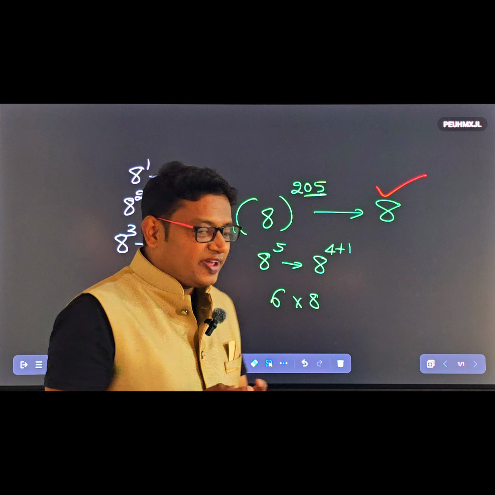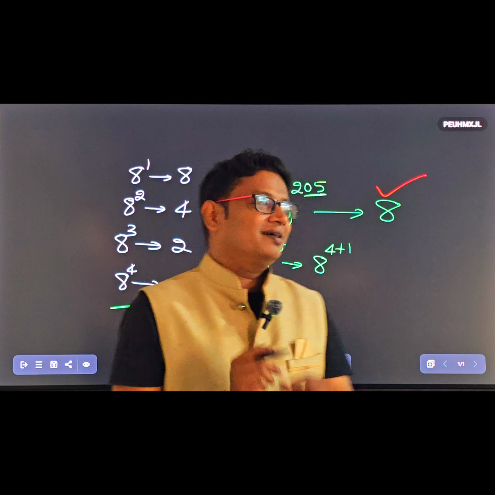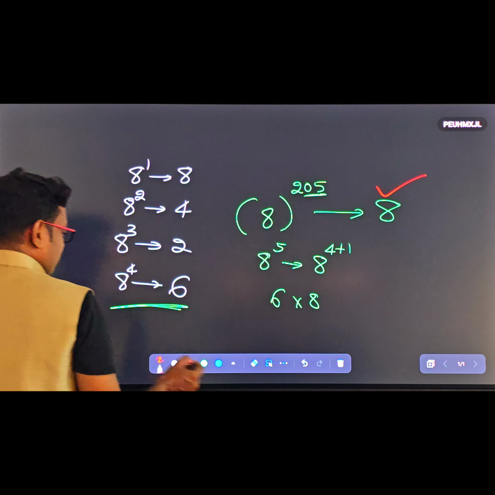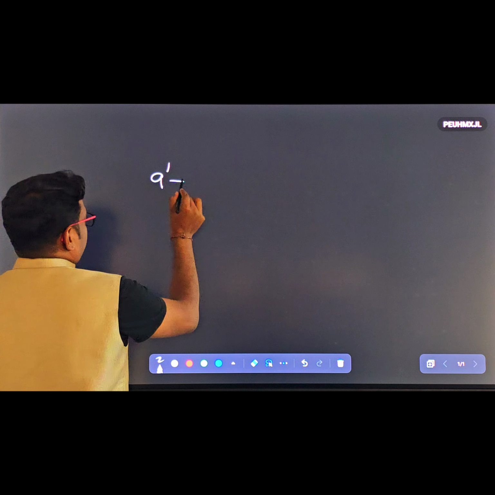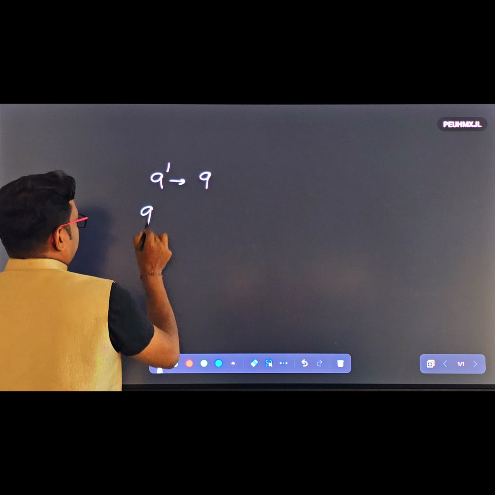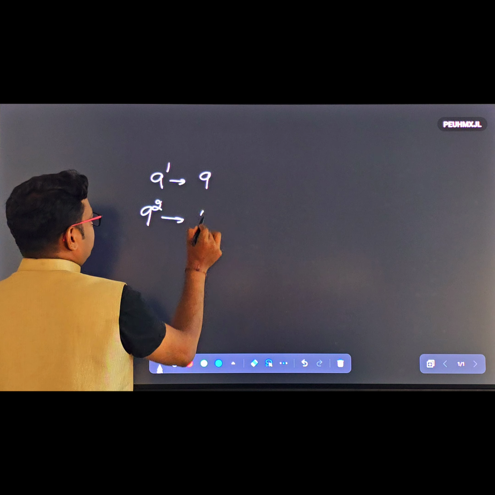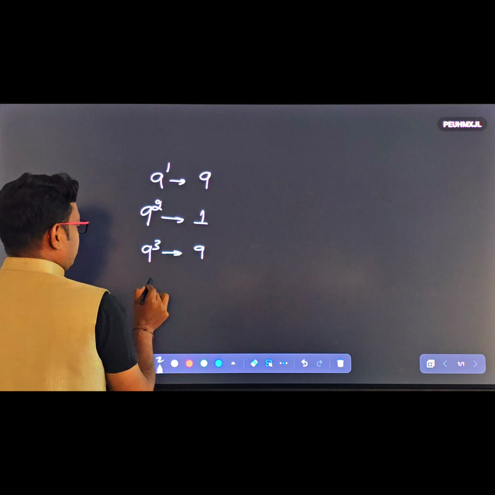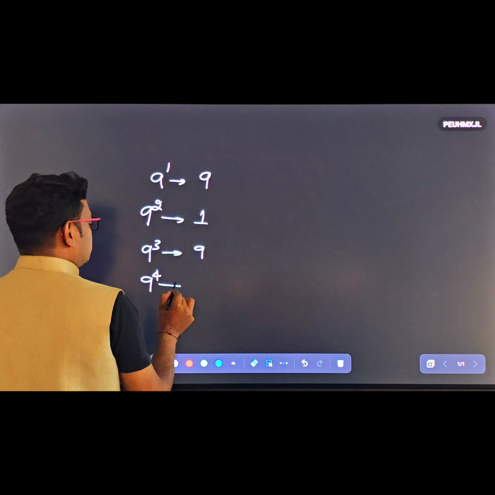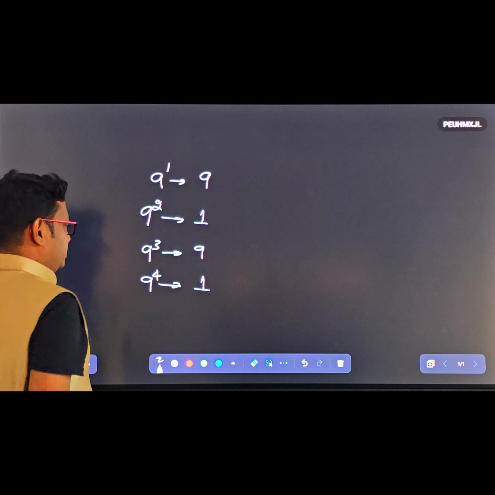Now 9 is very interesting. Let me learn that also. Please hear. 9 power 1 is 9. 9 square is 81, units place is 1. 9 cube will be having 9 again. 9 power 4 also will be having 1 in the units digit.